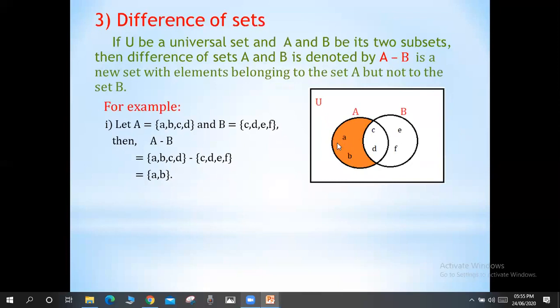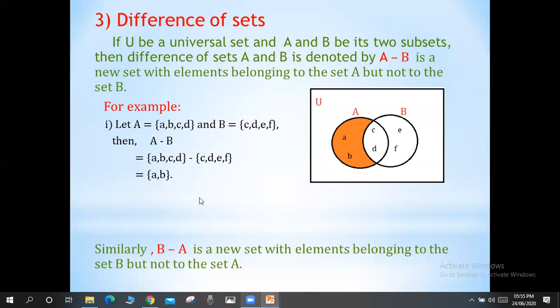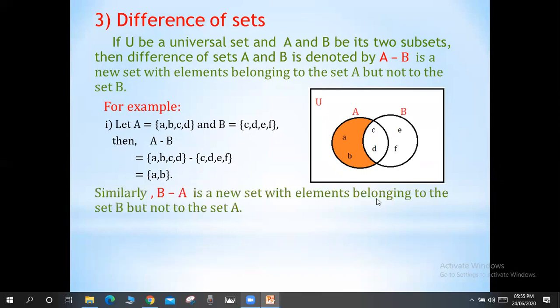Similarly, B minus A is a new set with elements belonging to the set B but not to the set A. A difference B is a new set with elements belonging to the set A but not to the set B. Similarly, B minus A is a new set with elements belonging to the set B but not to A. Let's take the same example.